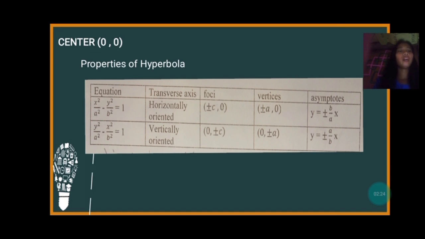Then your asymptotes are y equals positive or negative b over a times x.